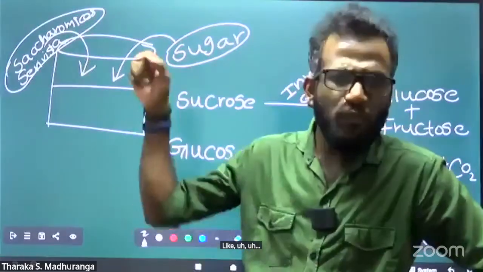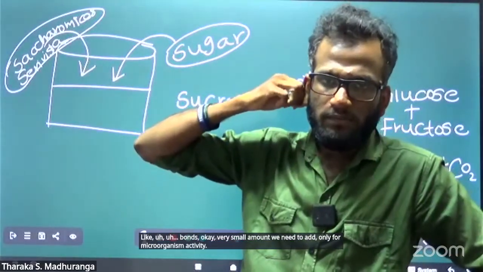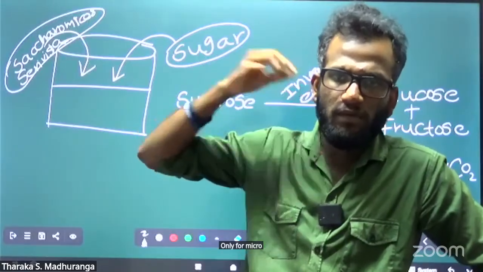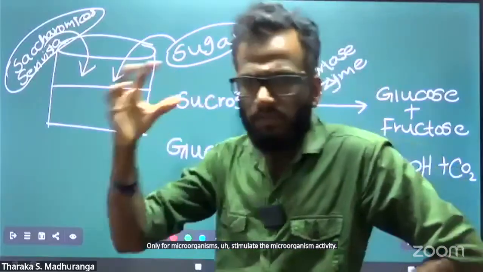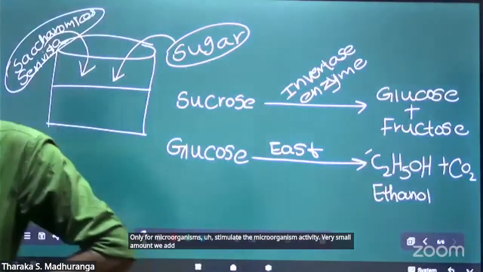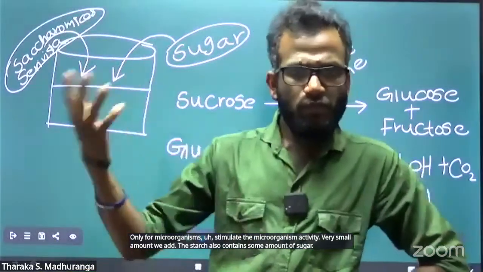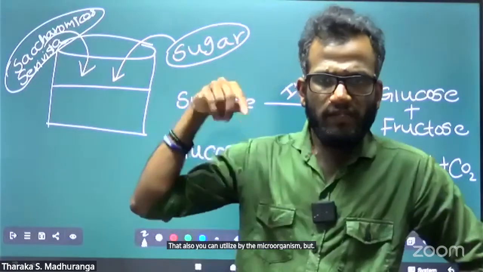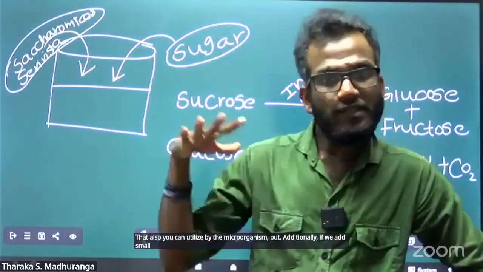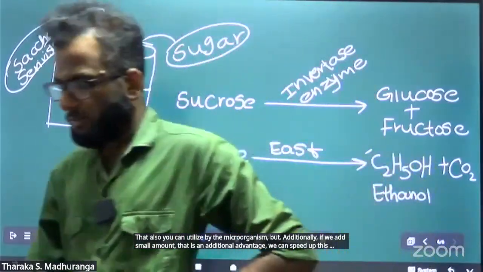We need to add a very small amount only to stimulate the microorganism activity. The starch also contains some sugar that the microorganism can utilize, but if we additionally add a small amount, that is an additional advantage. We can speed up this process.